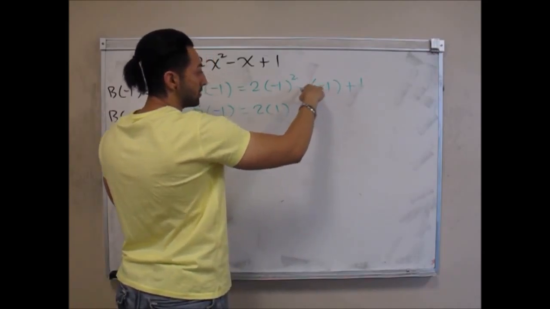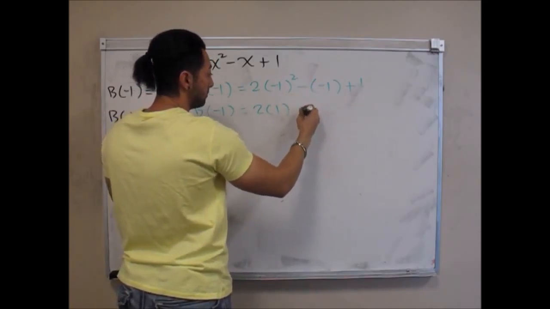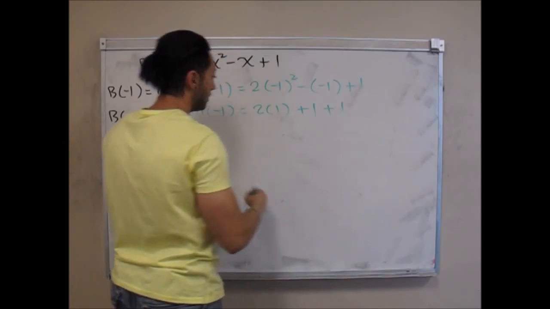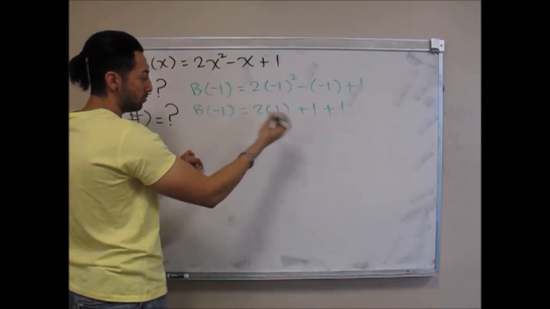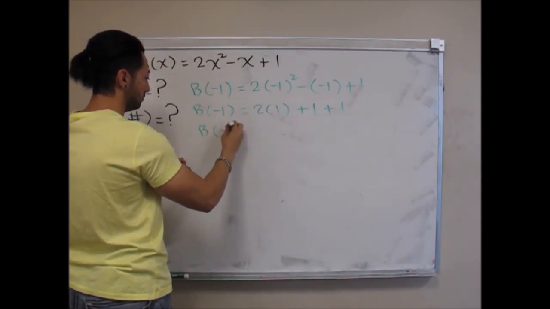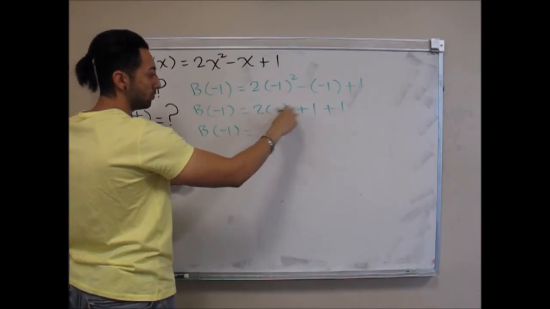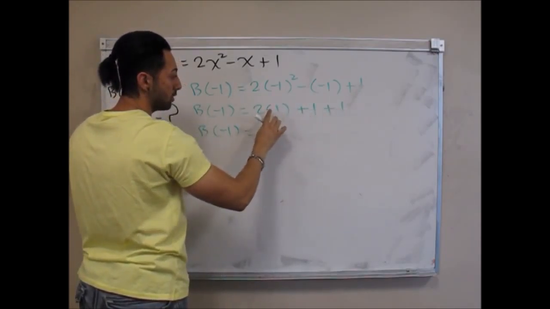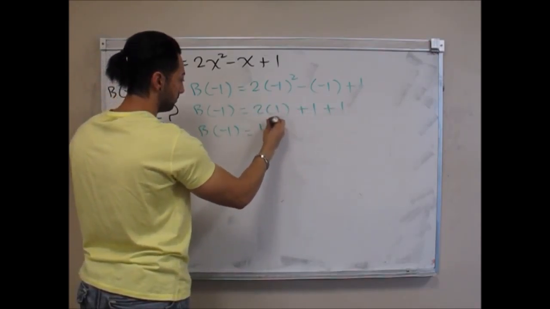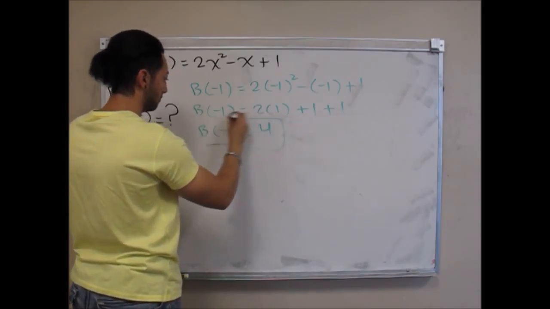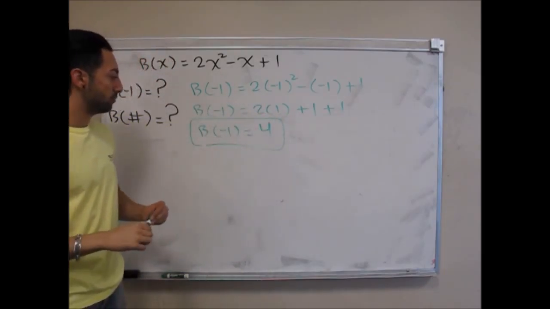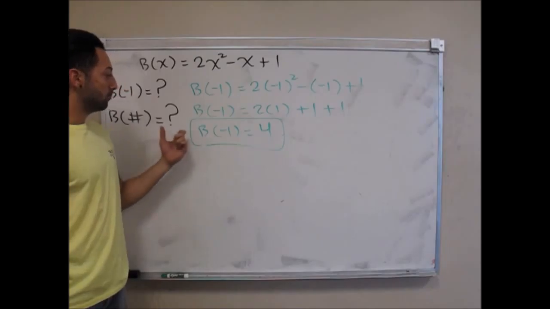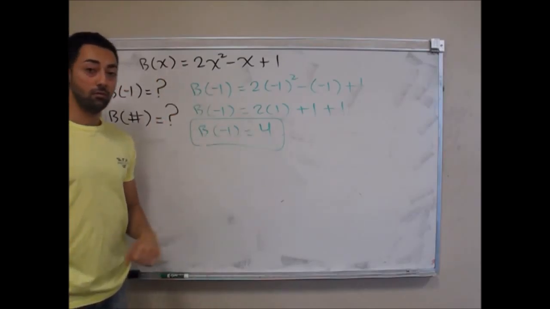Negative 1 times a negative would be a positive. And 2 times 1 would be 2. So we have 2 plus 1 plus another 1, so that's 3, 4, right? So that would be it for b of negative 1. When we input negative 1, we get an output of 4.